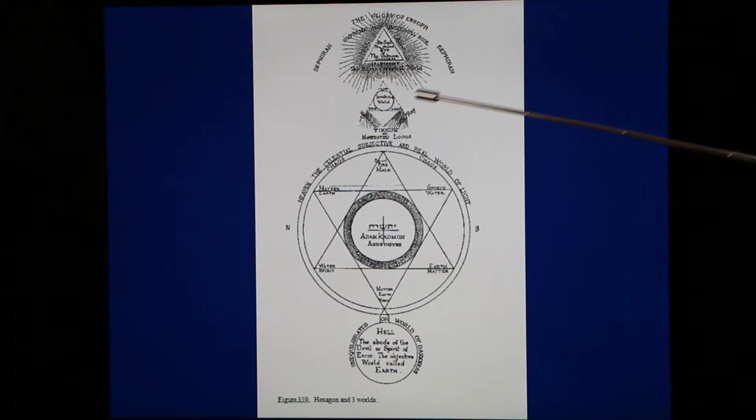Here you have the world above creation. The star of Vishnu becomes now a framework for linking the spirit for the male, matter, earth, water, spirit, earth, matter, and spirit, water, to create Adam Kadmon, which is primeval man. And then below you have hell.